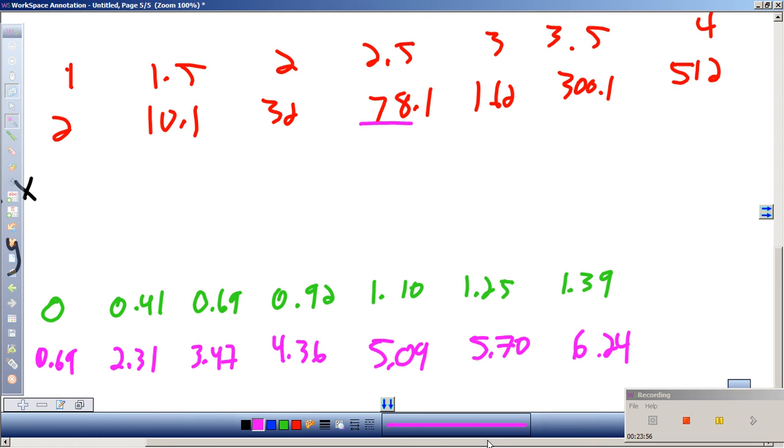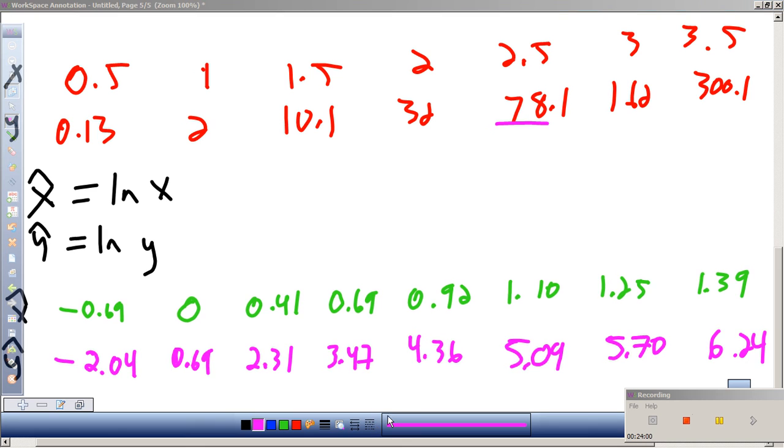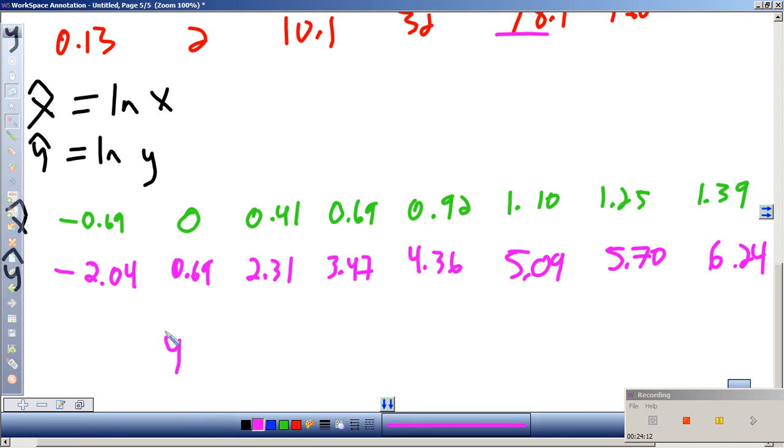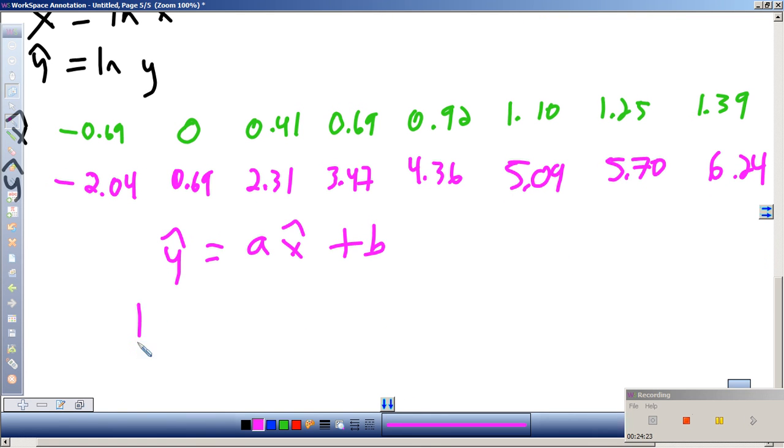Okay, now enter the data into your calculator. So anyway, what you're going to get, if you did this, is something like y hat equals a x hat plus b, right? And then we can change it to natural log y equals a ln x plus b.